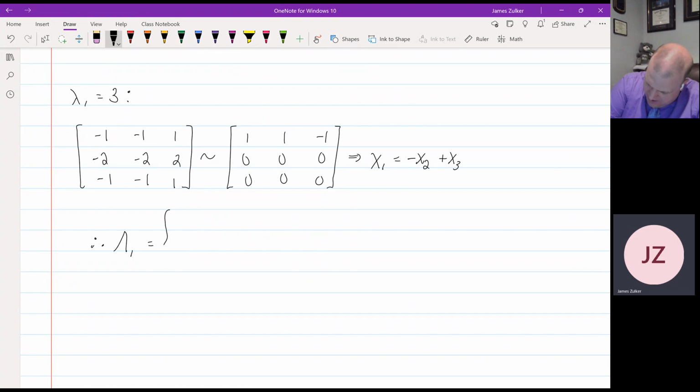So our eigenspace is the set of all vectors of the form negative r plus s, r, s, such that both r and s are real numbers.